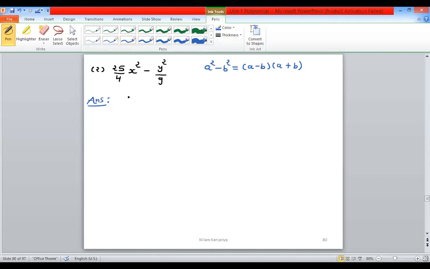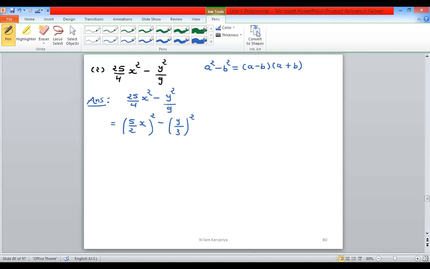This is your question. First I give you whole square, and it is written like a, 5 by 2x whole square, and this is y by 3 whole square.